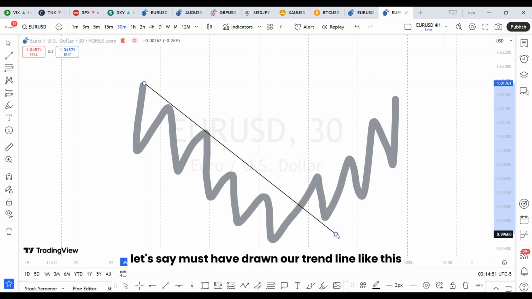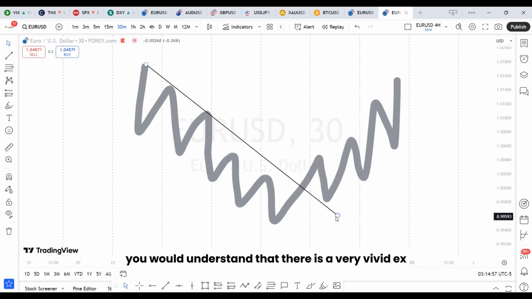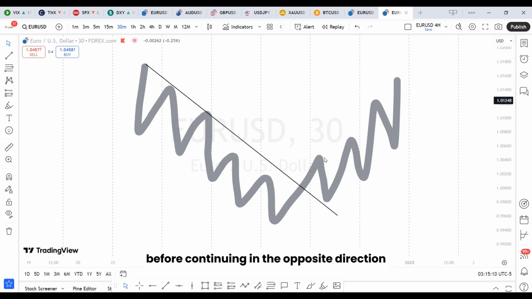Let's say we must have drawn our trend line like this. Now if you look very closely, you would understand that there is a very vivid observation here, that after the trend line breaks out, the market most likely comes back to our previous trend, taps into it before continuing in the opposite direction. So this is the first entry you want to get for a trend line breakout strategy.